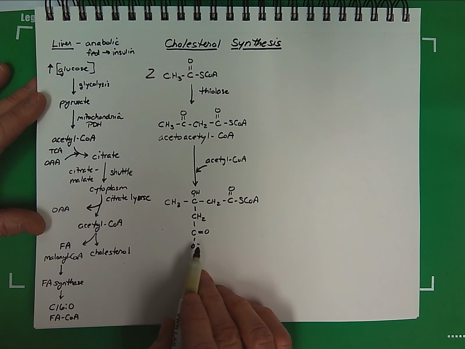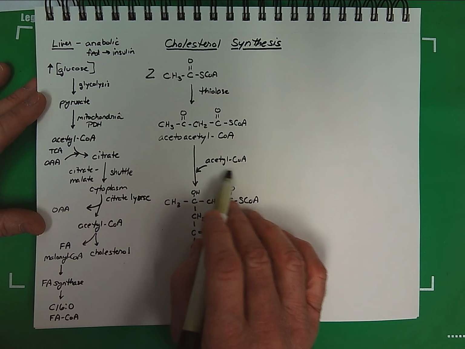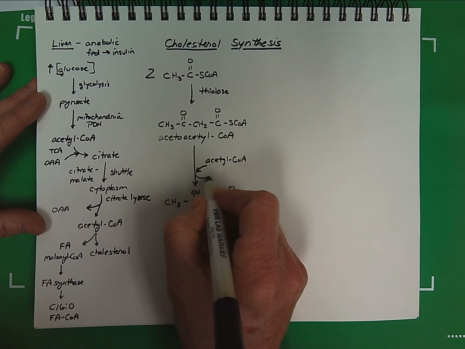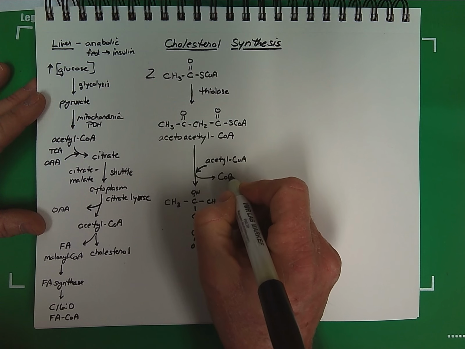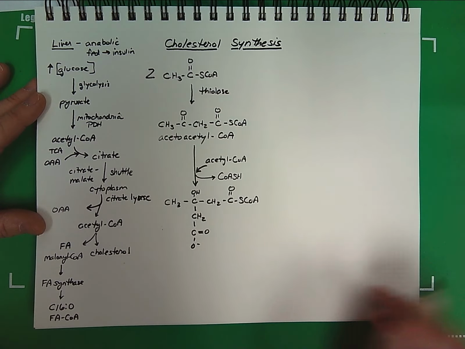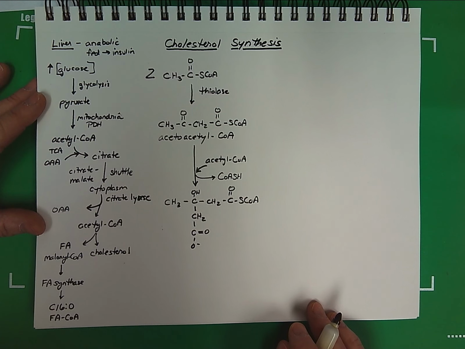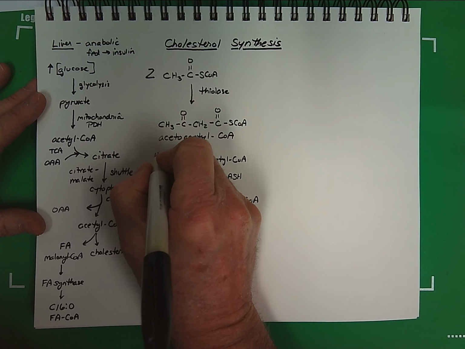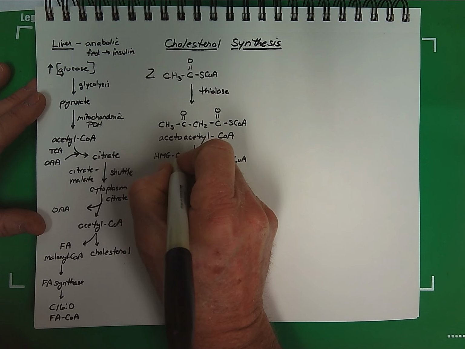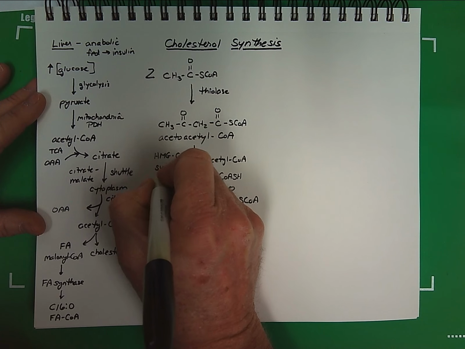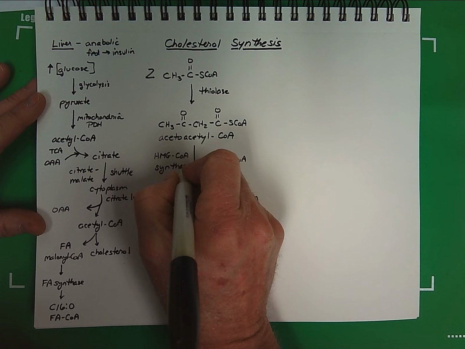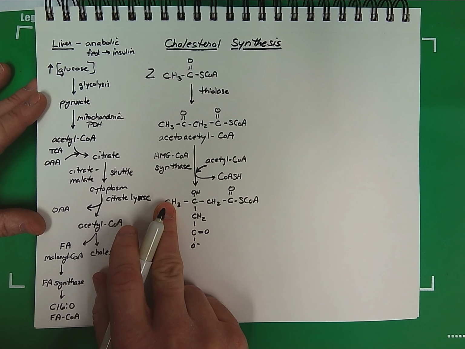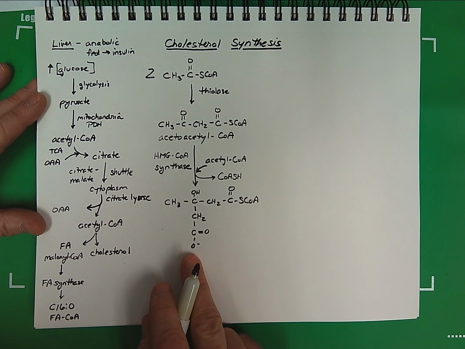Now notice here that the hydrolysis of this thiol ester bond of the coenzyme A is driving the reaction. So in this reaction we are also losing a CoASH from the acetyl-CoA. The enzyme that performs this reaction is called HMG-CoA synthase. And what we are forming is HMG-CoA.